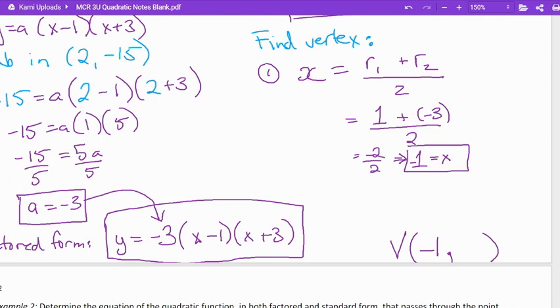Now, we've got many options here. Victoria was saying sub negative 1 into an equation to find y. You could use factored form. You can use standard form. Doesn't matter. It still finds you y. So sub in x equals negative 1 to find y. I'll use standard form. You can try factored form. It's all the same.